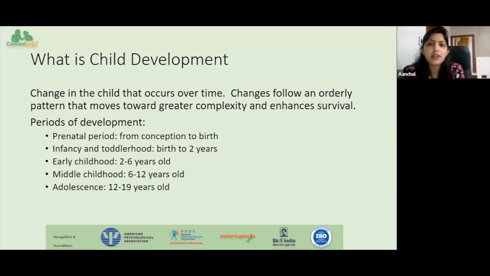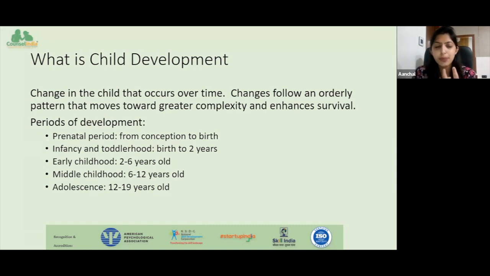So when we talk about child development, it includes changes that go on in the child over time. These changes follow a particular pattern, from less complex to greater complexity, that keeps on happening. So there are periods of development that we will be discussing.